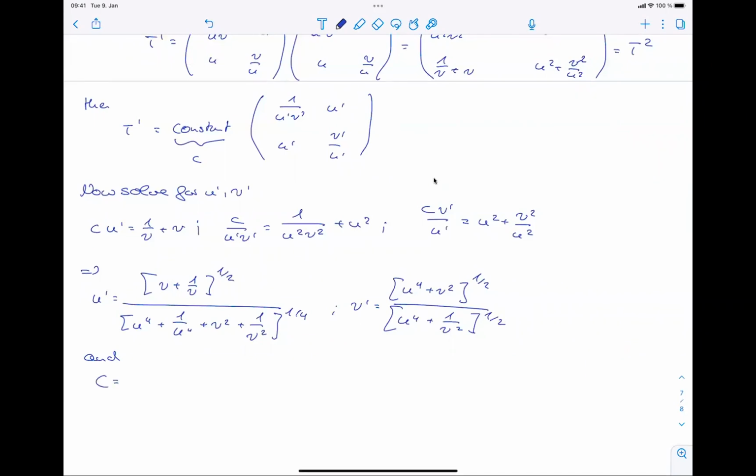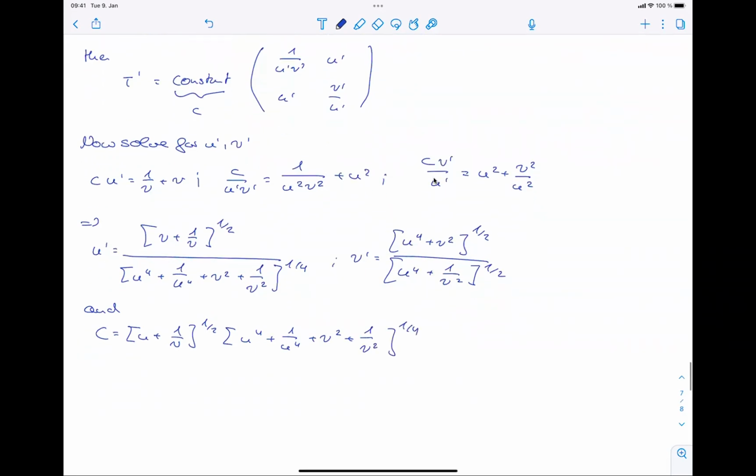And then c is u plus. So just to ingrain this, if you realize that your results are that evolved, it's very likely that you made a mistake.